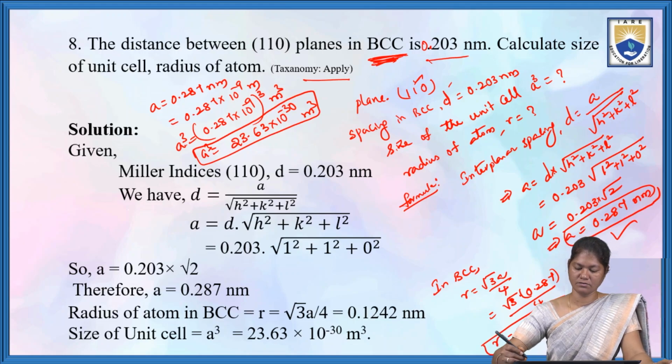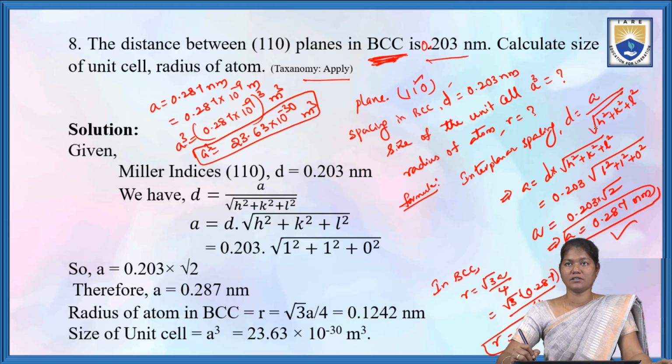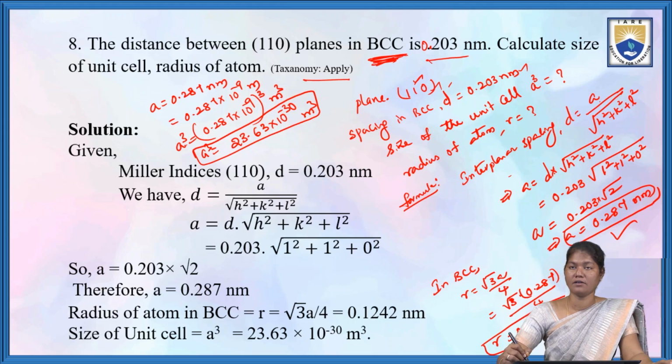So first, we have to find the a value by using the interplanar spacing, because the distance has been given and the plane is also mentioned. From the formula d is equal to a by root of h square plus k square plus l square, we found the a value.